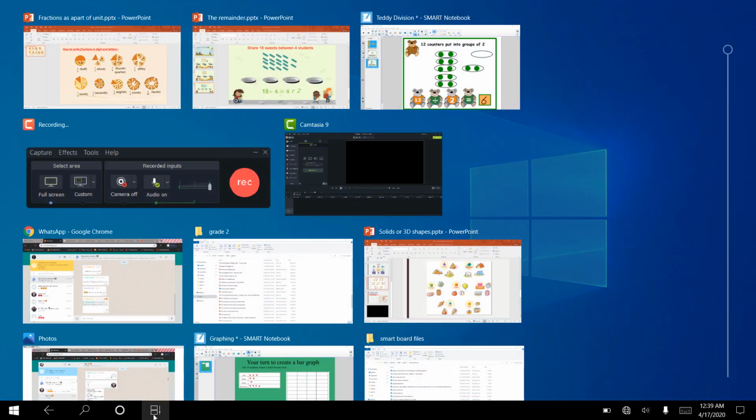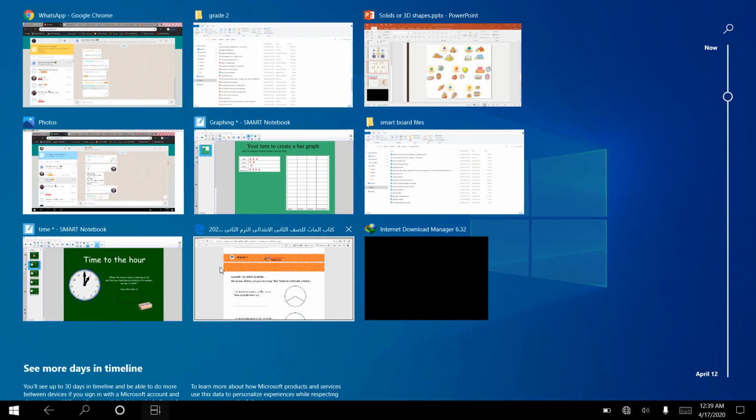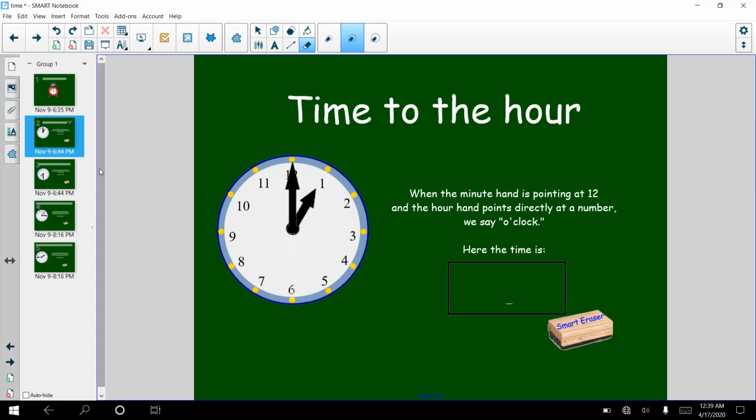What about time? Let's do a revision about time. I have in this clock the short hand on 1 and the long hand on 12. So my time now is 1 o'clock.